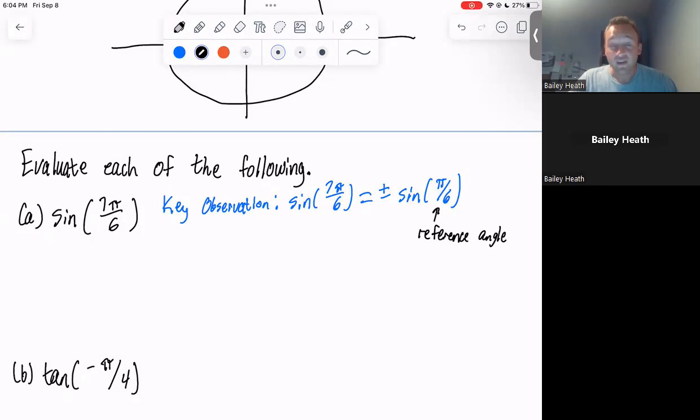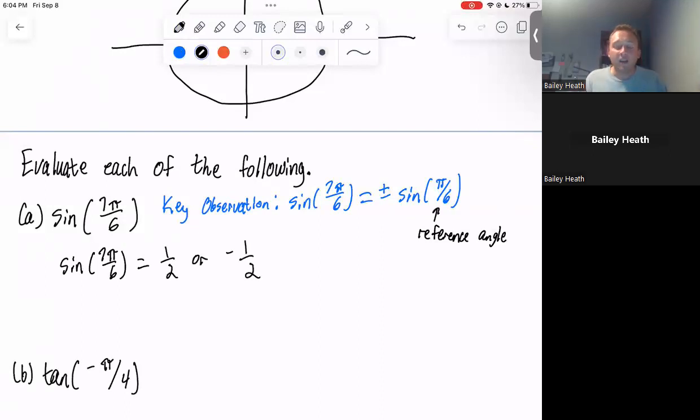If I know sine of pi over 6, I can then use that to figure out sine of 7 pi over 6. We know now that sine of pi over 6 is a half. So I know that sine of 7 pi over 6 is either going to be positive 1/2 or negative 1/2.